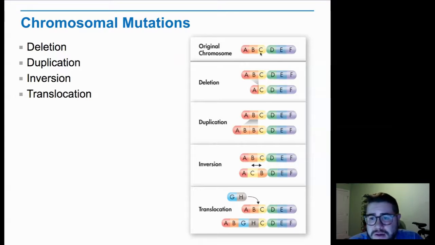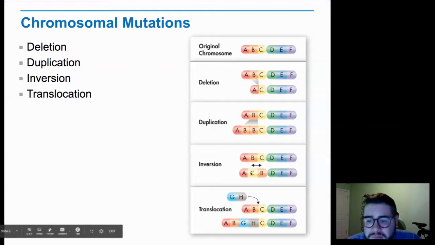And so here's just some examples, right? For each one of these, the top chromosome is the original one, and then the bottom is what happens. So a deletion is when a big chunk of the chromosome just gets deleted for whatever reason. A duplication mutation is when a chunk of it becomes duplicated. Inversion is when a piece of it switches around.